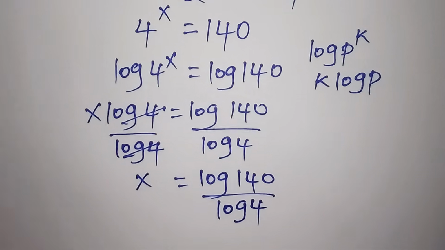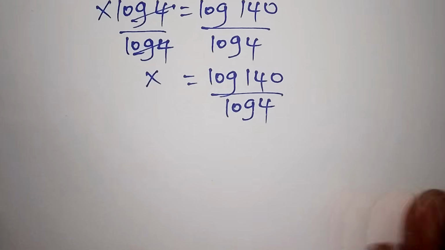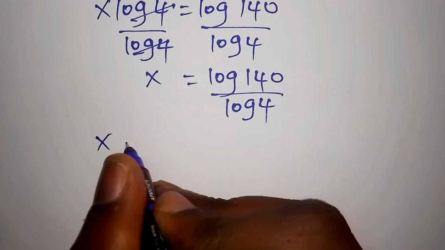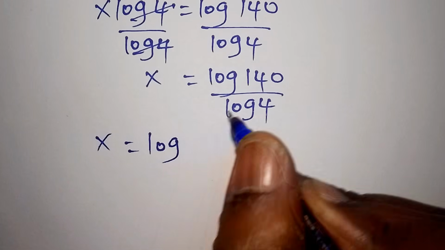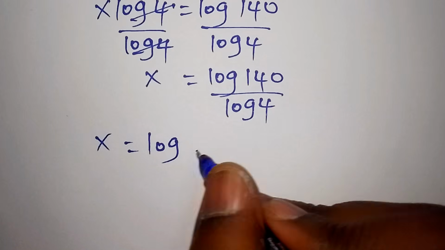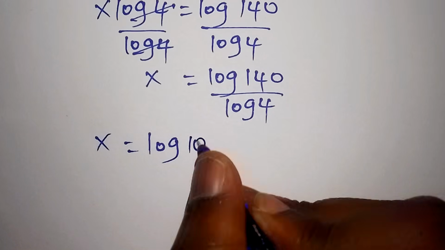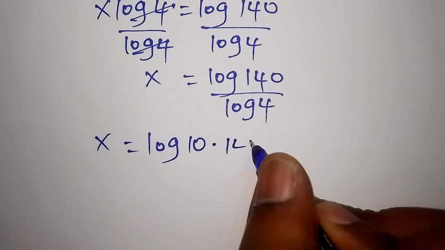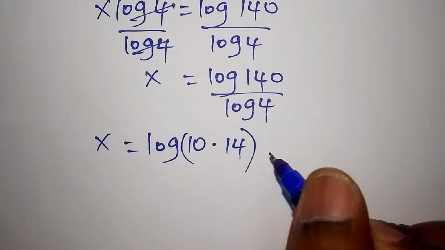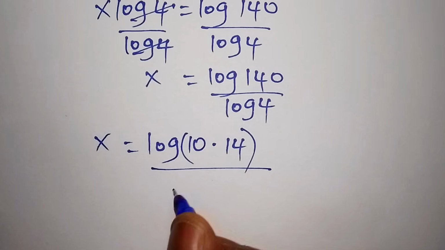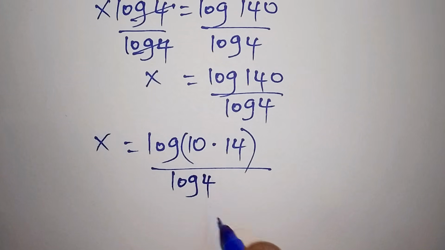So we want to simplify this maths problem. In simplification, x is equal to the log of 140, which can also be written as the log of 10 multiplied by 14, in bracket, all over the log of 4.